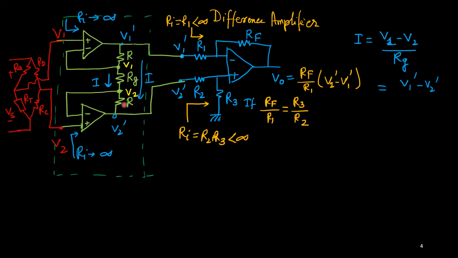So the current from this potential to this potential will be the same. So this value will be R plus RG plus again R.